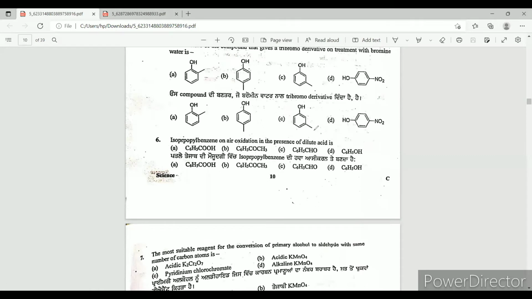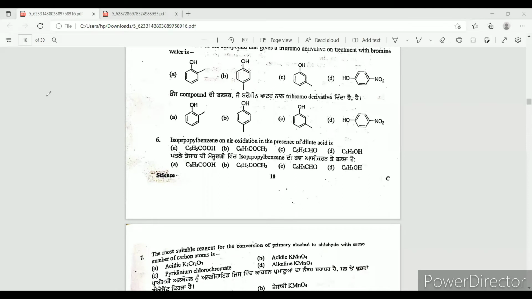The next question is isopropylbenzene on air oxidation in the presence of a dilute acid gives what? So let's write what is isopropyl. Iso means at the second position and propyl means how many carbons? The answer is 3 carbons, right?